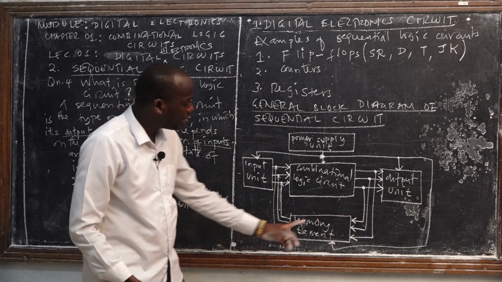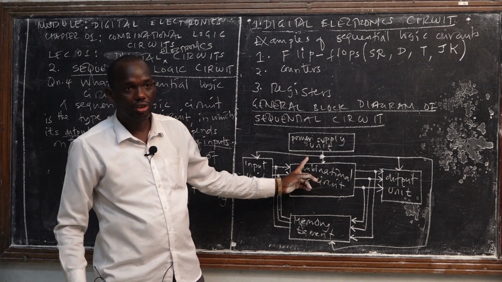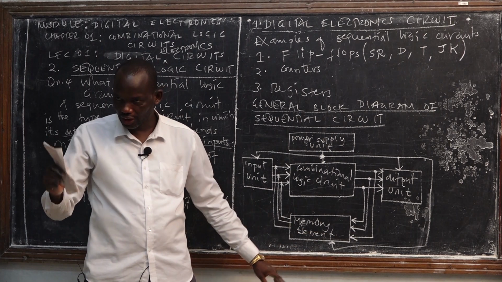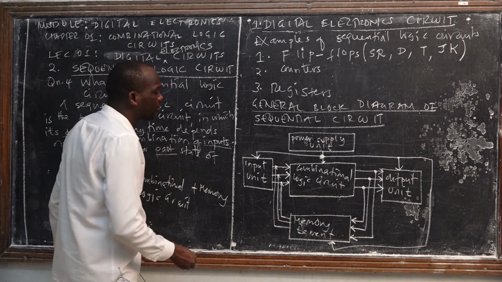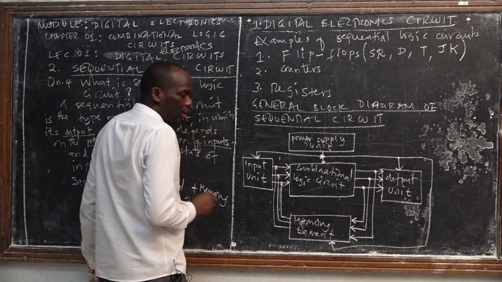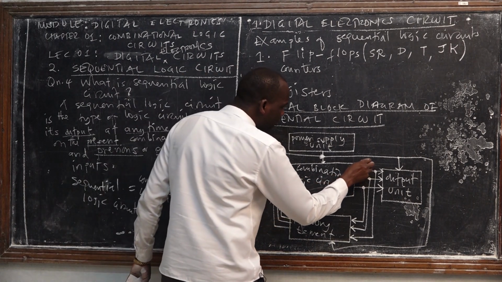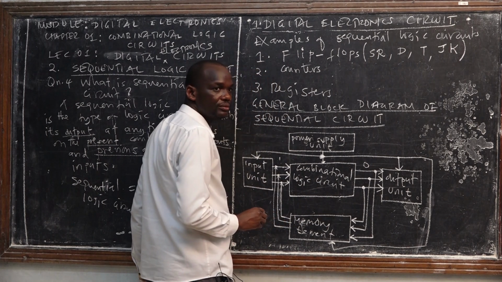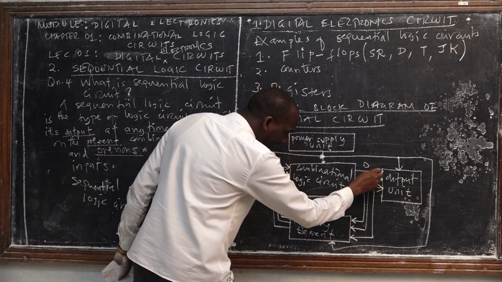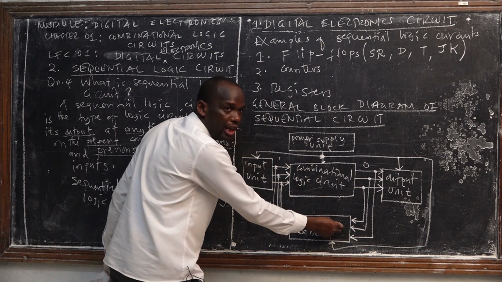So the memory elements will be keeping the previous states of the output. Listen. For instance, let's say that this input is 1. When it has been processed, then we get the output of 0.